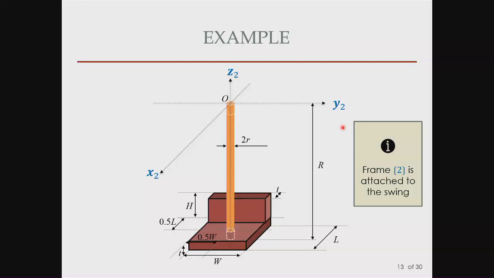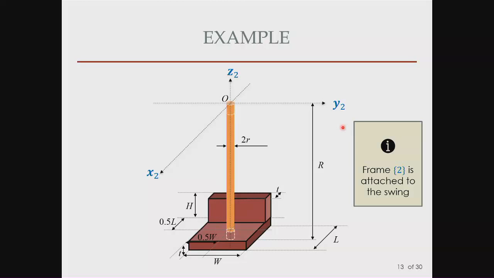So how to find it? What we are doing is using everything we know so far. Superposition. We are going to split the swing into 4 parts. I will discuss it soon.